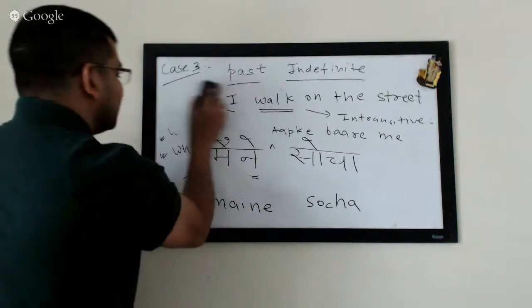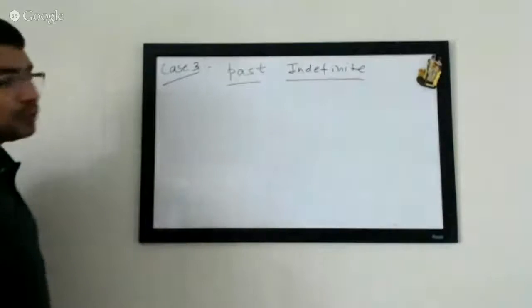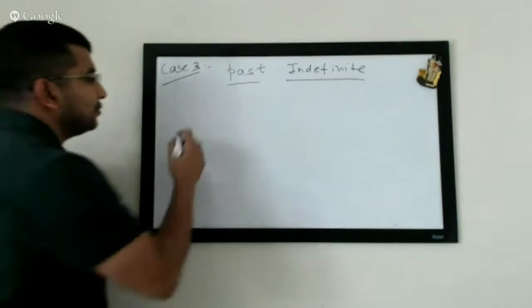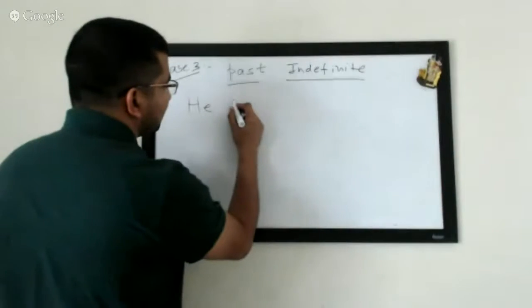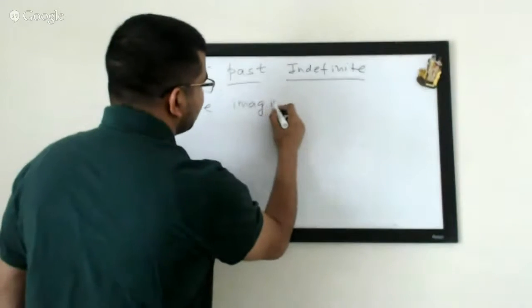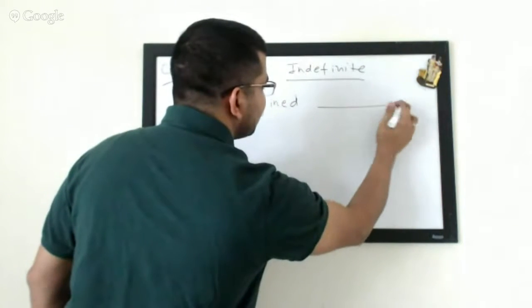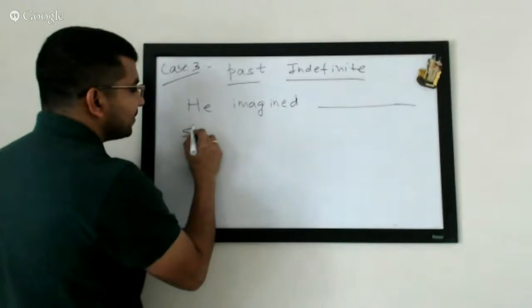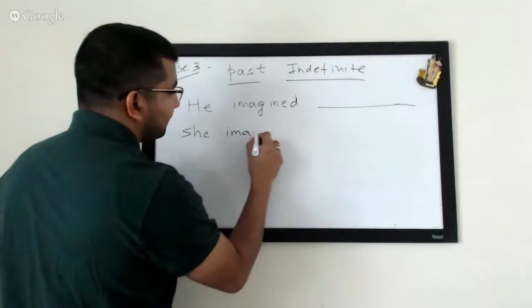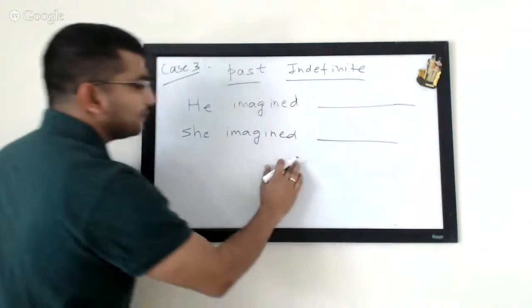So I'll not go over the rules. So quick quiz on past indefinite. That way it will give you some more practice, right? So this time I'll say he imagined, and then you can simply come up with any sentence here. It can be anything. He imagined, she imagined, and she imagined.